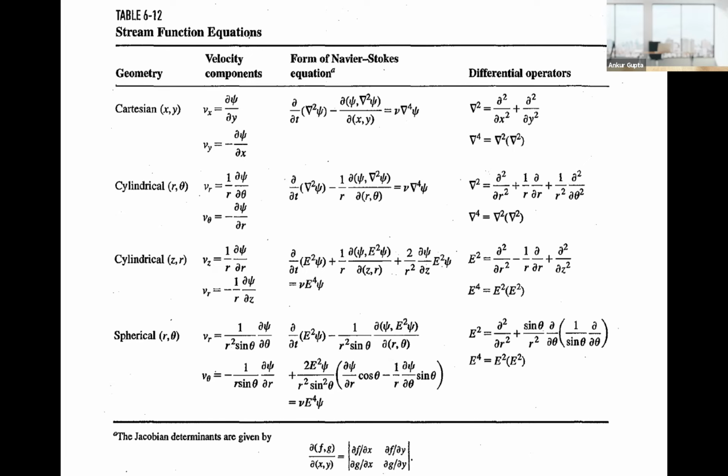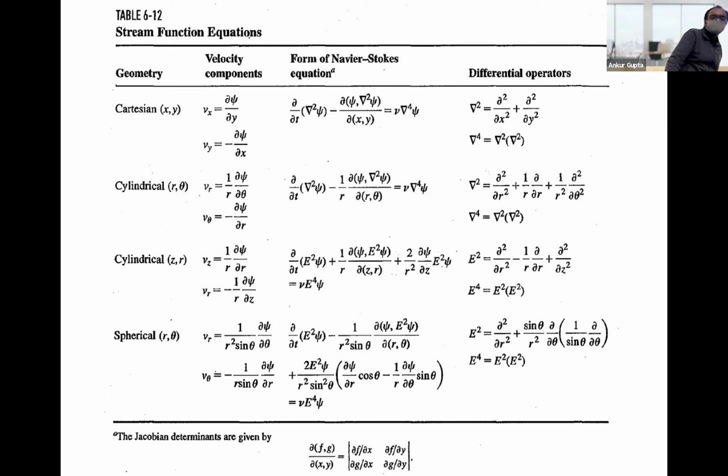E is just another operator in a different geometry. It's an analogous version of Laplace, a slightly modified Laplace, but the spherical Laplace does not hold here. So you have to be careful and choose the right condition. We have this set of equations, and all of them will be del 4 psi equals 0 or E 4 psi equals 0, depending on the condition you follow.